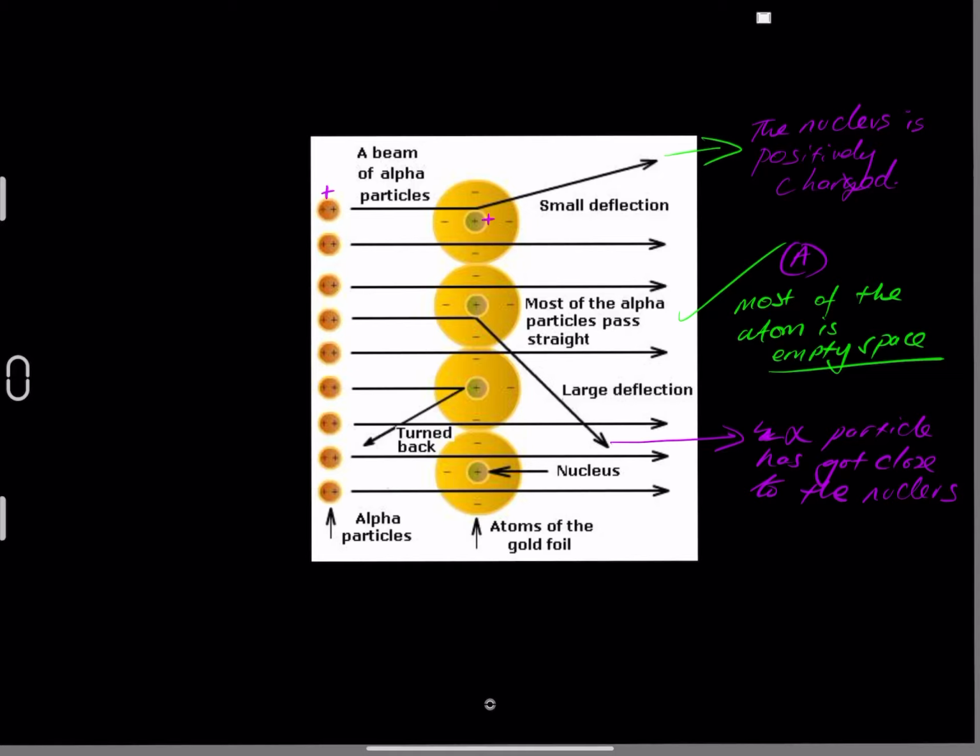Then, percentage-wise, what results they were getting would be here, a small deflection. A few of them were getting close to the nucleus and repelling, and the alpha particles were showing a deviated trajectory. Then, in terms of abundance of results and data, they were getting the large deflections.